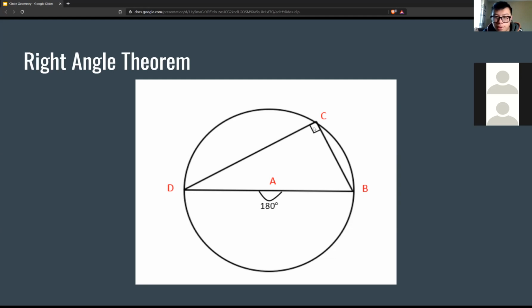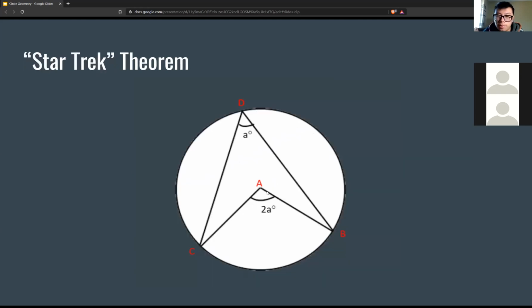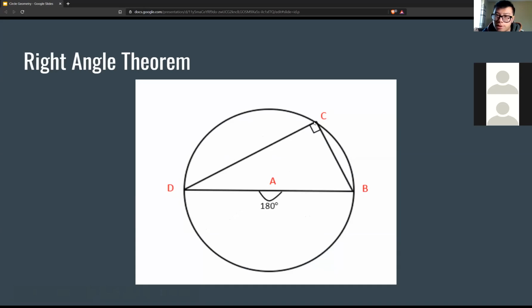And the way you prove that is very simple. We basically use the Star Trek theorem to prove this. So remember, the Star Trek theorem is that you have to have 4 line segments. So one from D, part of the circumference, to C, and one from D to B. And then you have 2 line segments that connect C and B to the center of the circle, which is A. Pretend that A is a point as well, but A is actually the center point.